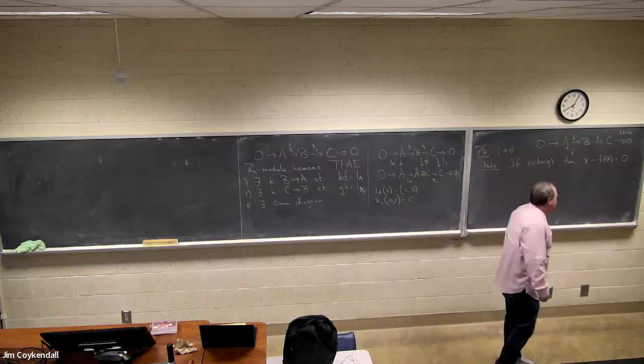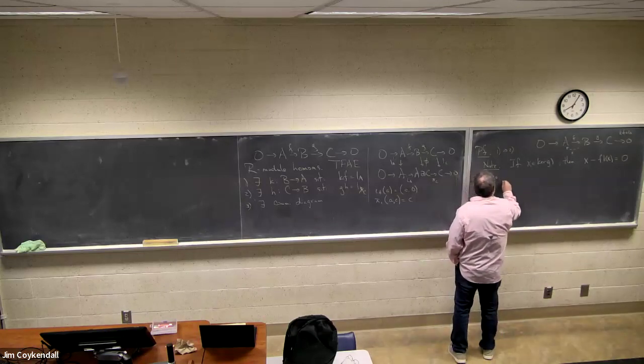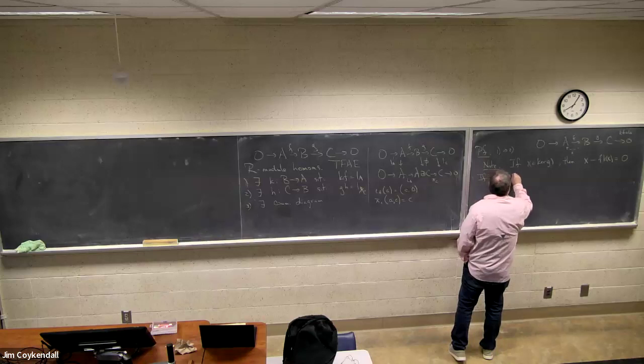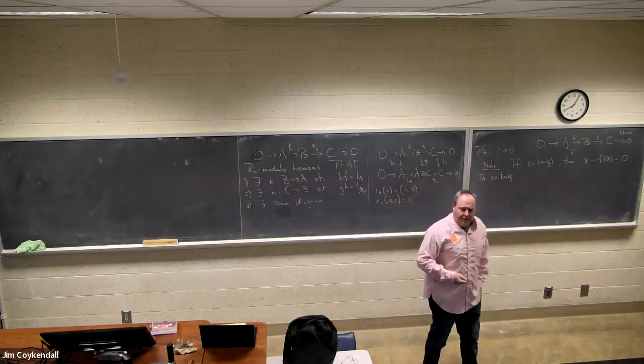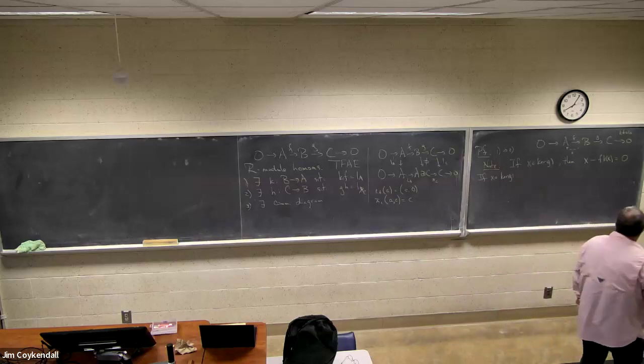Why is this? Well, if X is in the kernel of G, what can we conclude? There has to be some A that goes to it.